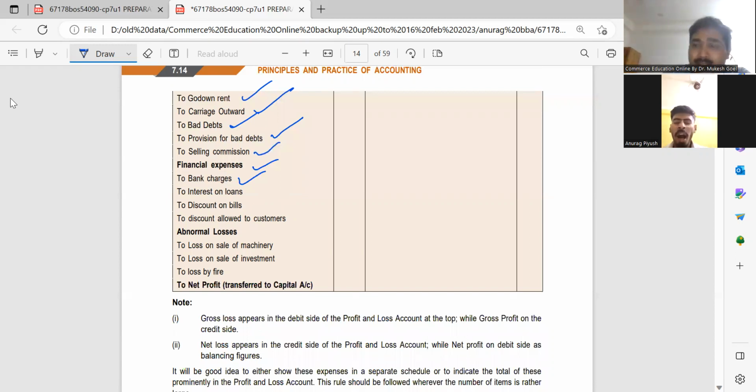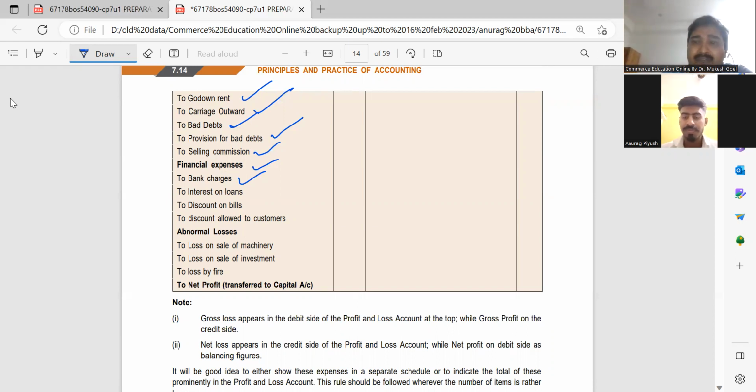Not bank overdraft. Bank draft: when we have to give money to some person, we can make a draft for that person. It is called bank draft.